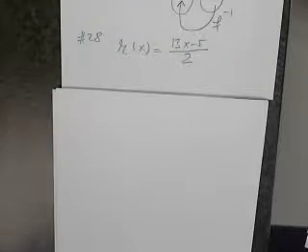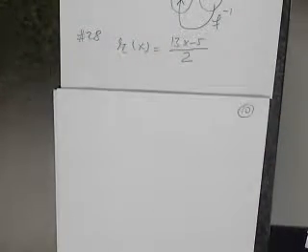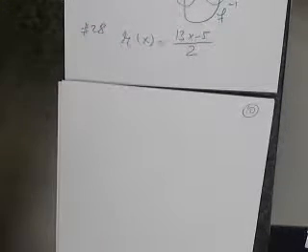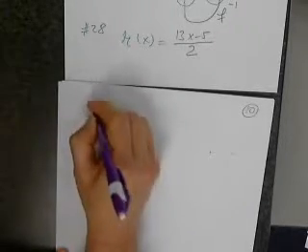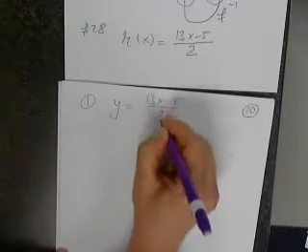That is a 4-step procedure. What is the first step? Yes. Step 1, y equals 13x minus 5 over 2.